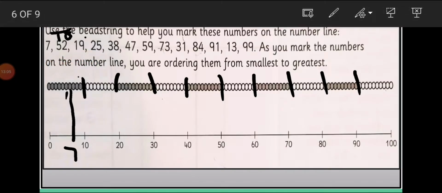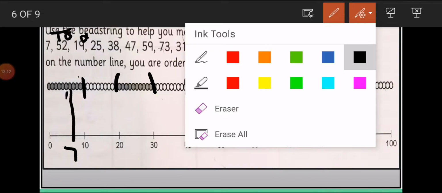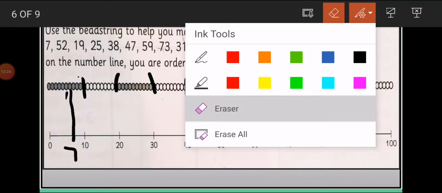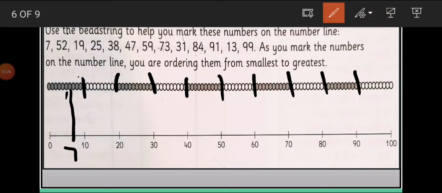Now the next number is 19. The right side digit is 9, so I'm going to put O for ones on 9. And the next digit is 1, and I'm going to put T for tens on it. Let me write them clearly. There's not much space here.